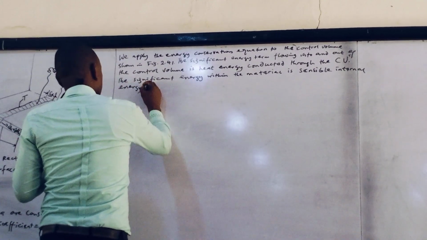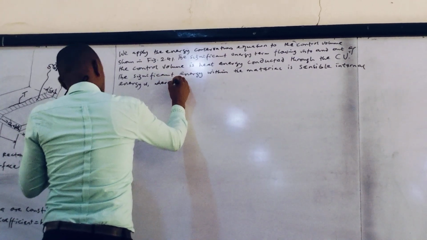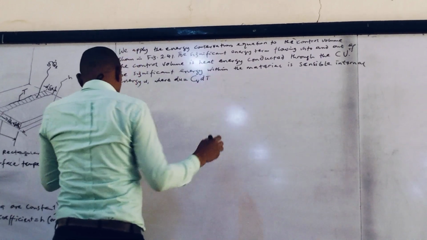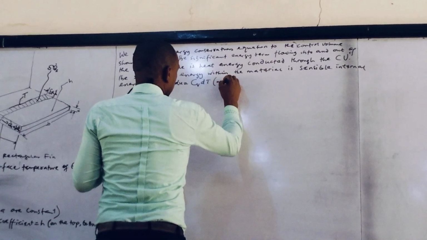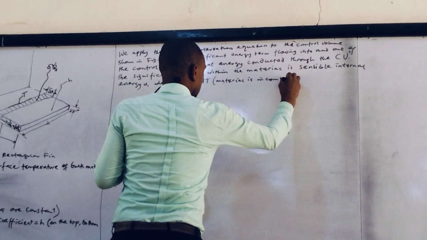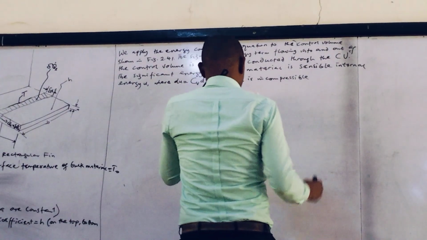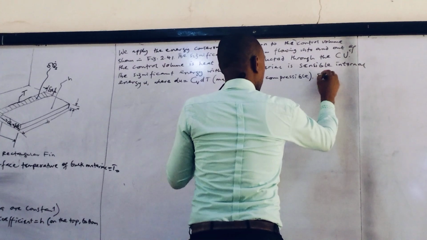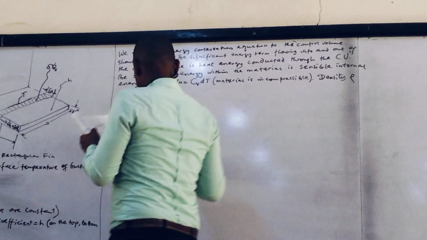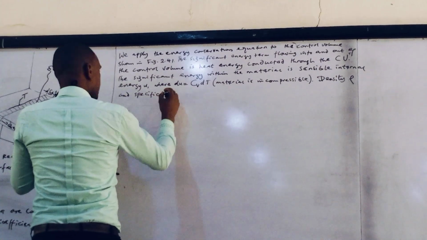The sensible internal energy U, where U is equal to CV T, because the material is incompressible. Because the material is incompressible, density rho and the specific heat.